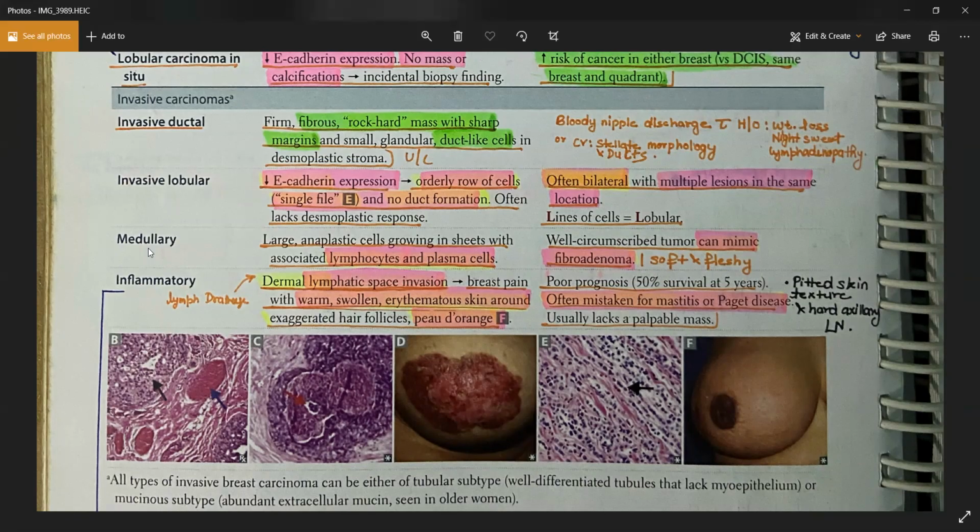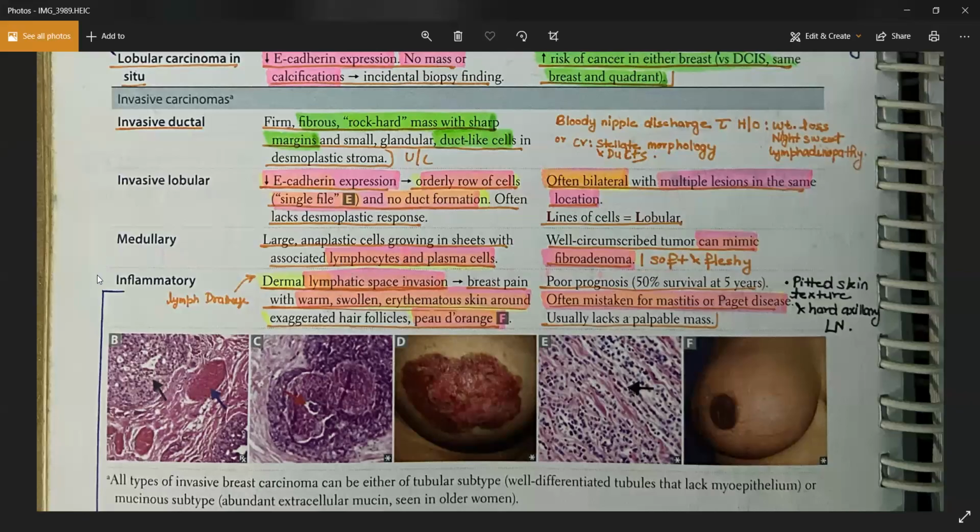So again, the age of the patient will help you differentiate between these two. If you have a sharply demarcated breast mass, and on the biopsy of that mass you're seeing the lymphocytes and plasma cells, that means it is a medullary carcinoma. So that's about the medullary carcinoma.